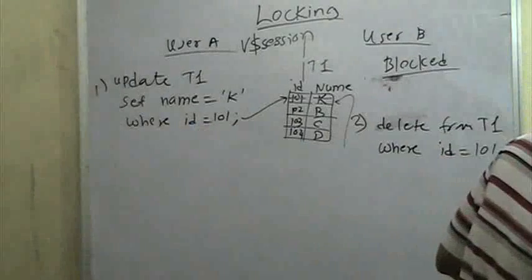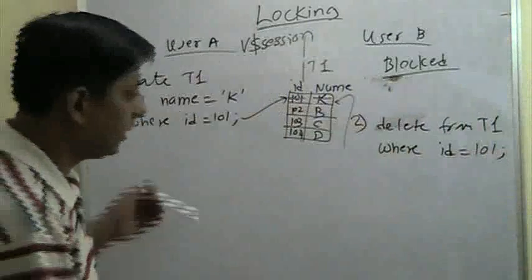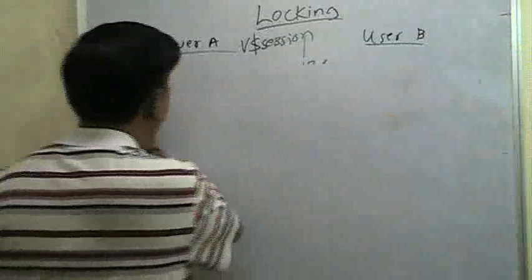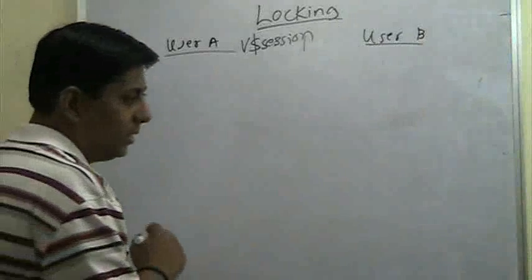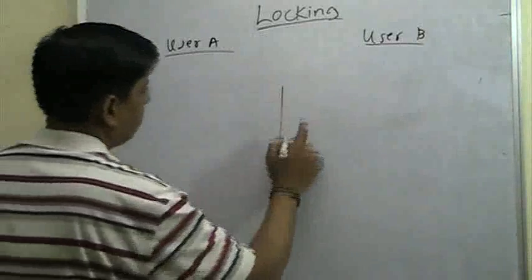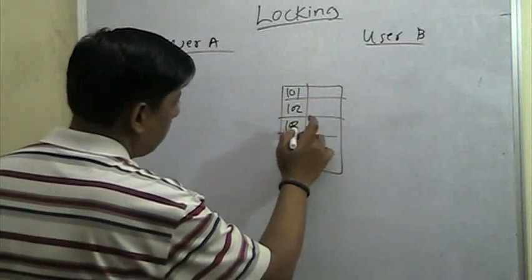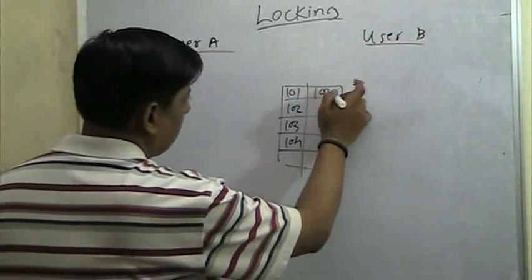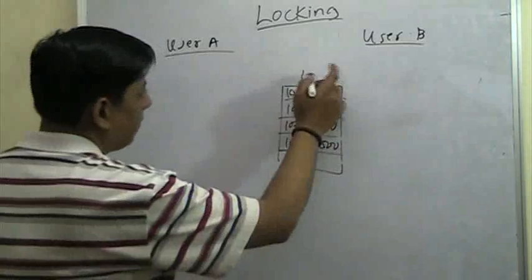I think I will use the example which is easier for me to go through. So this is user A and this is user B. Take employee IDs 101, 102, 103 and 104, and let us say the salaries are 1000, 2000, 3000 and 4000 in the employee table.